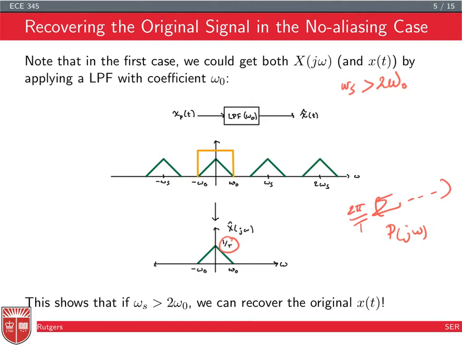And this is really amazing because out of discrete samples, I can recover the original signal by just doing a low-pass filter. All I have to do is sample at a frequency larger than twice the maximum frequency of the signal, then make the discrete signal go through a low-pass filter, and then I can recover the whole analog signal.